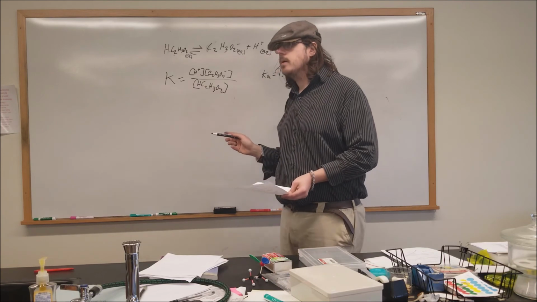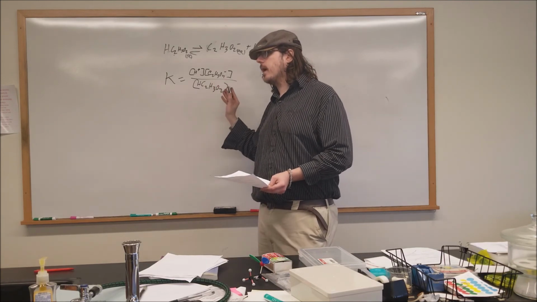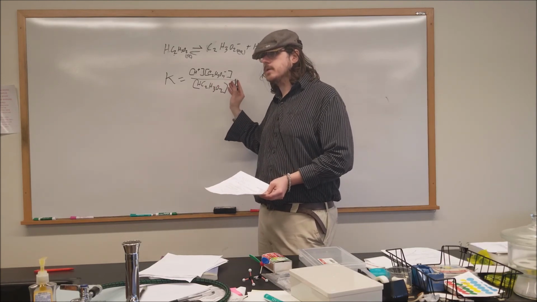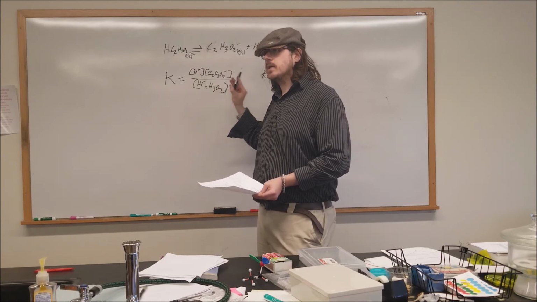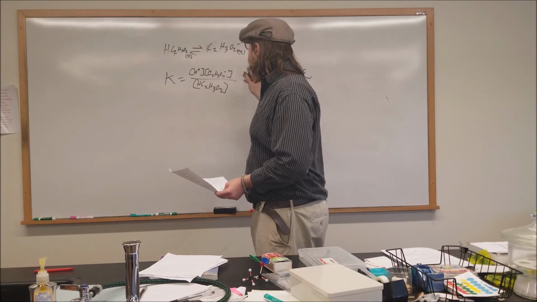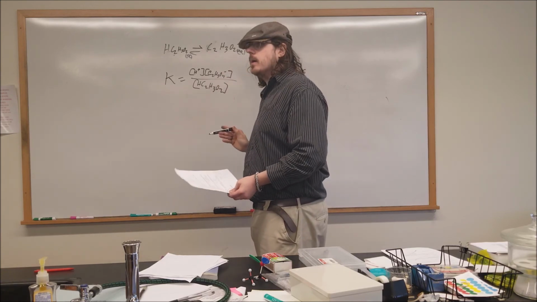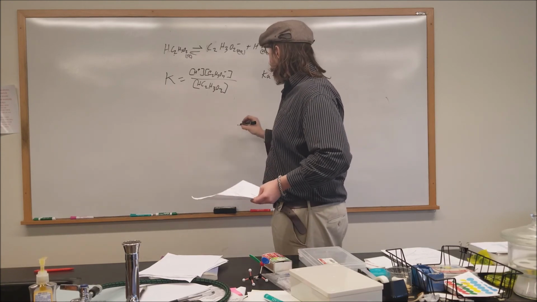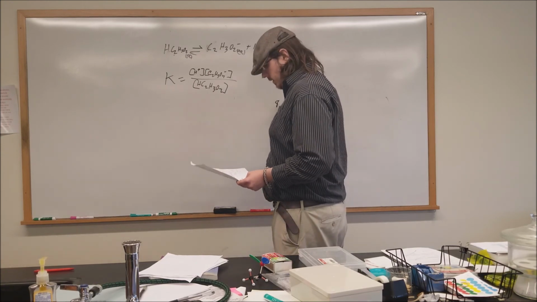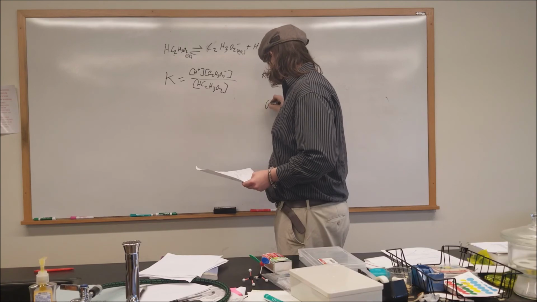So remember, K is products over reactants raised to the power of their coefficients, and it's only for aqueous and gas components. All these are aqueous, they're all coefficient of 1, so this is relatively straightforward. We're told that acetate is 0.89.